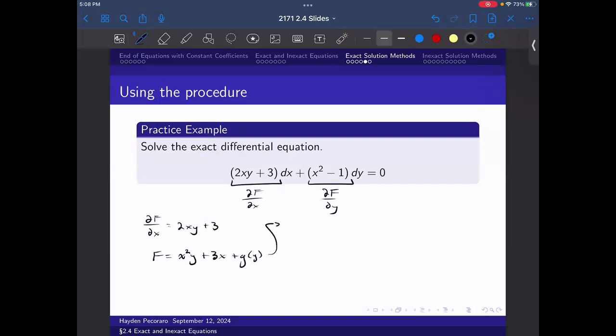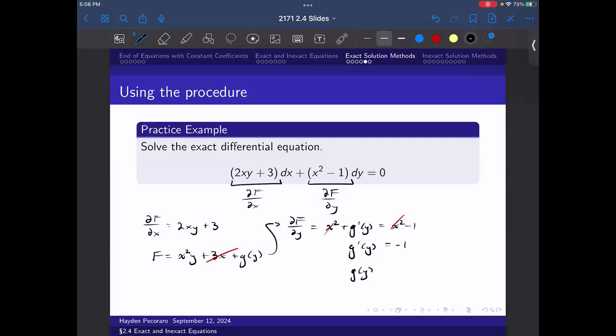All right. Then I take the y derivative and I get, well, let's see. This part goes away and I get x squared plus g prime equals x squared minus 1. The x squared part cancels out, and I get an easy enough to undo derivative.